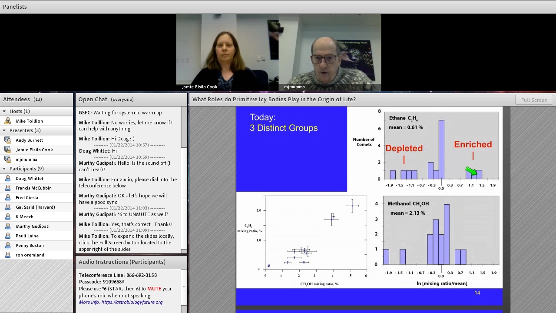But there are several comets that are highly enriched by factors of 2 or so, and others that are highly depleted. And we see the same thing in methanol, with normal, as we call it, enriched and depleted.